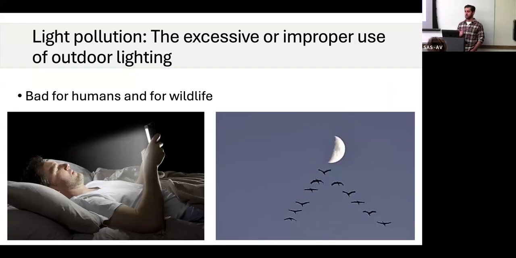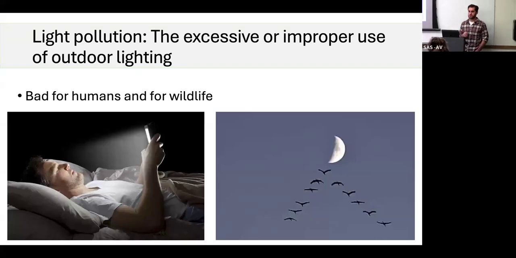So I'm sure many of you are familiar with, there's been in past years a national effort to try to get the word out there for people to turn their lights off during bird migration season. But it's also bad for humans. I mean, light pollution has been linked to everything from obesity to diabetes to breast cancer.